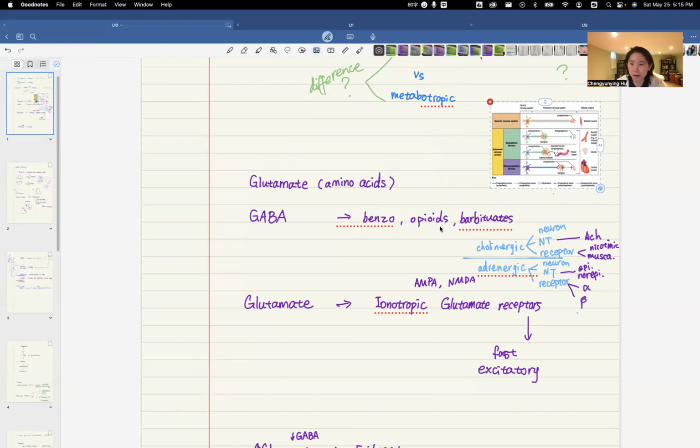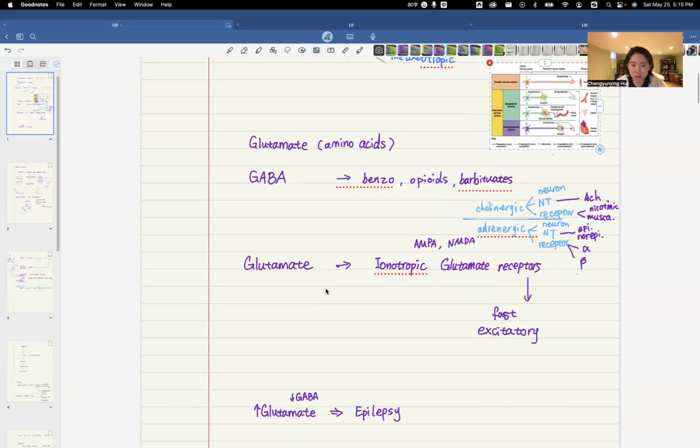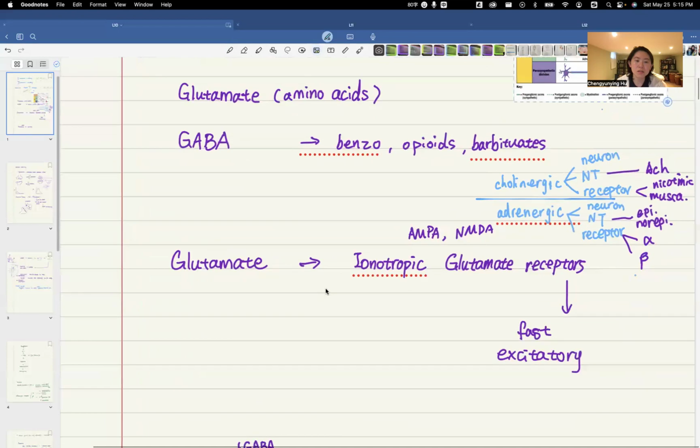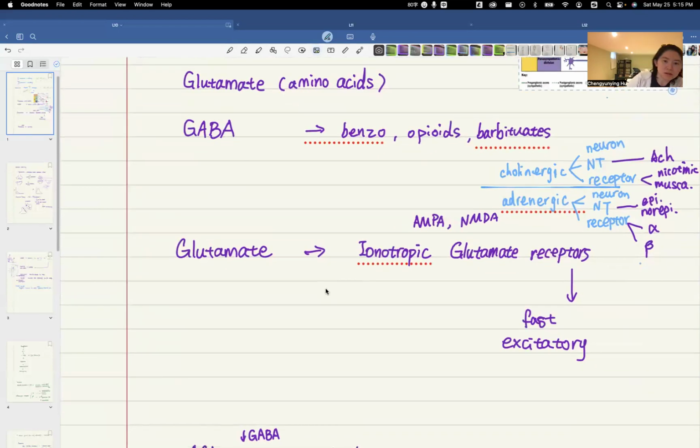Glutamate, GABA. Yeah, we're going into details about glutamate. So glutamate is produced in the brain, and it's going to bind to ionotropic glutamate receptors. It's a neurotransmitter that's between the neurons in our brain.